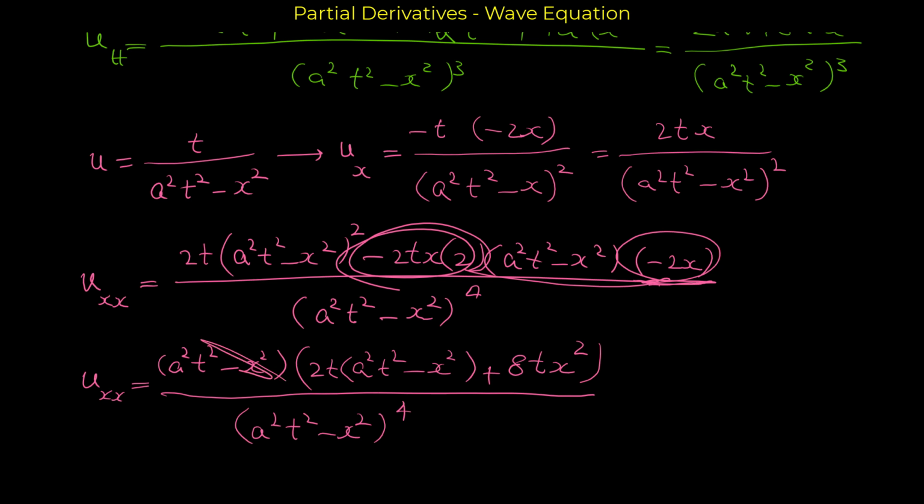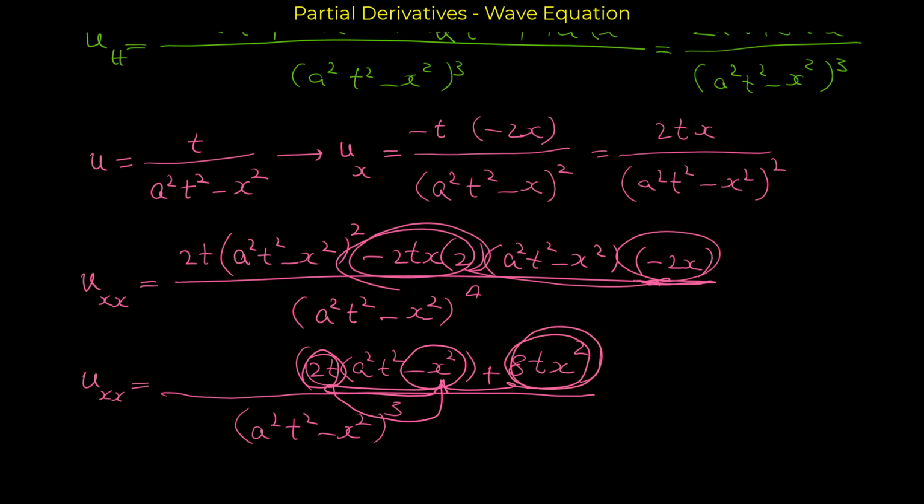Similar to the previous part, this cancels with one power here, so if we erase this from here, finally we have a power 3. Let's simplify the numerator. If we multiply this 2t by this, it's negative 2tx^2, plus 8tx^2.